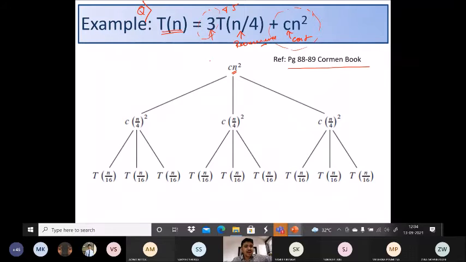In cn², in place of n you put n/4. In the first step it should be (n/4)², next step (n/16)², and next step (n/64)², and so on. Understood up to this?